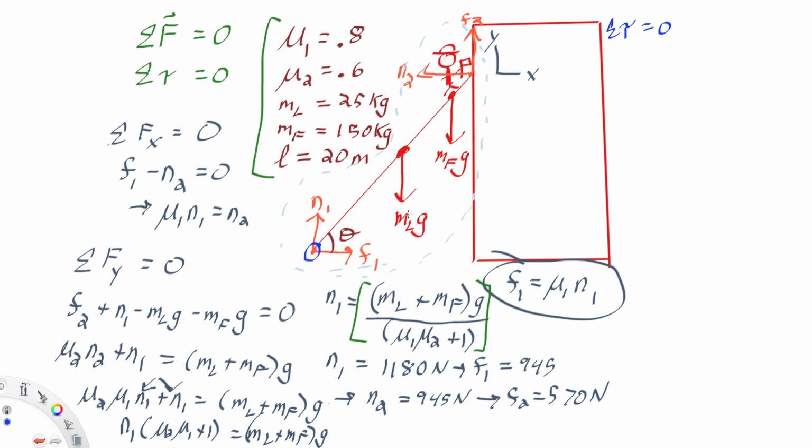The first one is the weight of the ladder. The weight of the ladder is mlg. The distance between the weight of the ladder's application and our axis of rotation is half the length of the ladder.